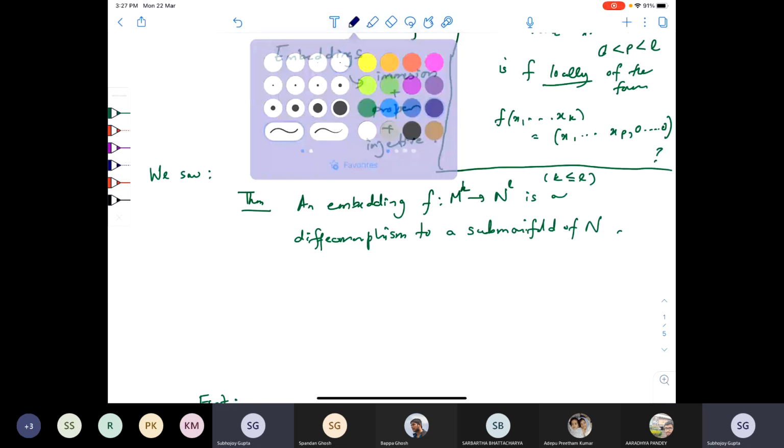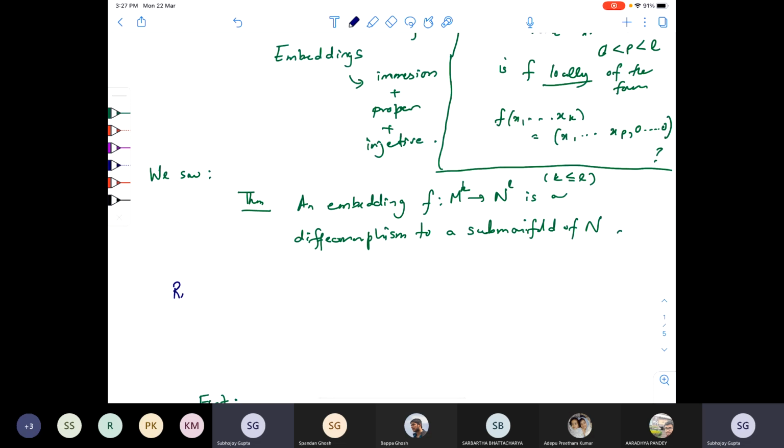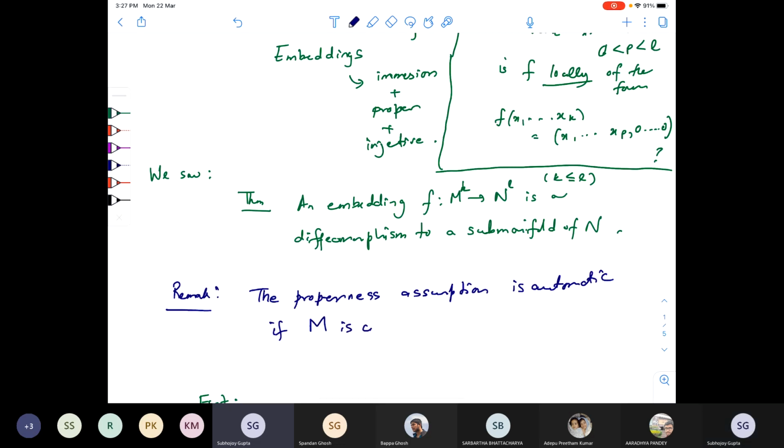So maybe I'll remark that the properness assumption, the fact that an embedding has to be proper, is automatic if M is compact. Because what is proper? Recall that proper means the pre-images of compact sets are compact.